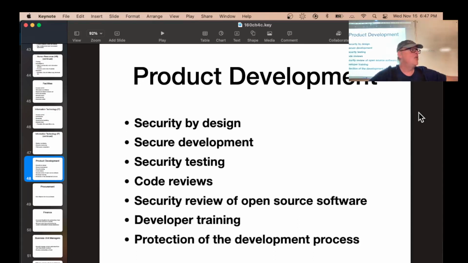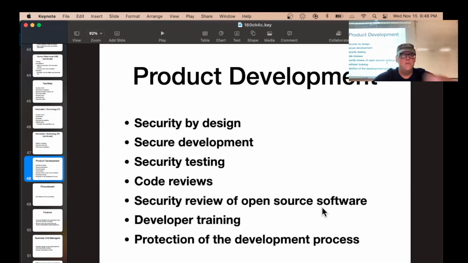If you wait until it gets all the way to the end customer and now you have to have a recall and a patch and a vulnerability disclosure, it's going to cost 100 times as much to deal with that problem. Yeah, that's why it's really good to learn to think about security right from the start. Code reviews are really important. You should run your applications through static and dynamic scanning to see what errors there are, and do a security review of it, and consider the open source libraries you're using.